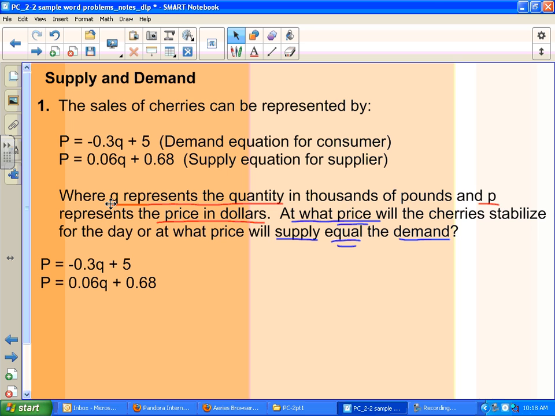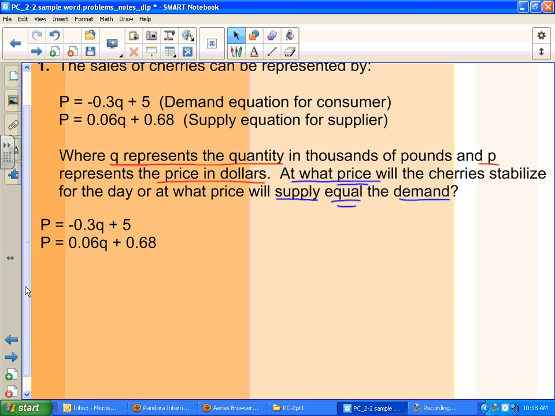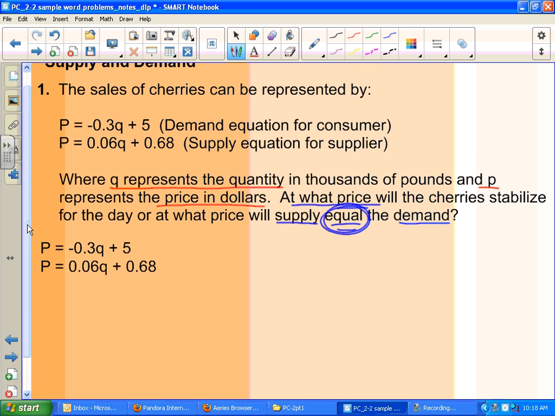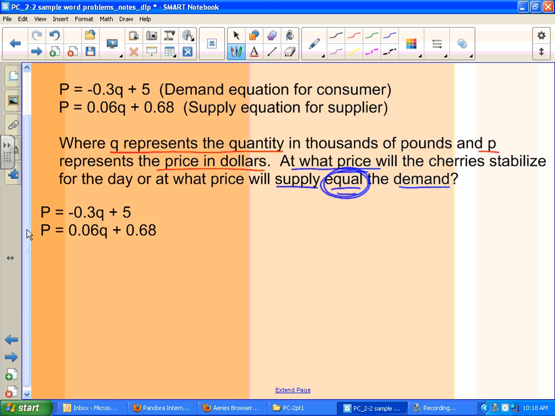They're both equal to P, the price, so put them on opposite sides of the equal sign. Yes. It's a giveaway. It even told us supply is equal to the demand. Both of these are price values. One of them is a demand price, one of them is a supply price. So I'm just going to set one P equal to the other.